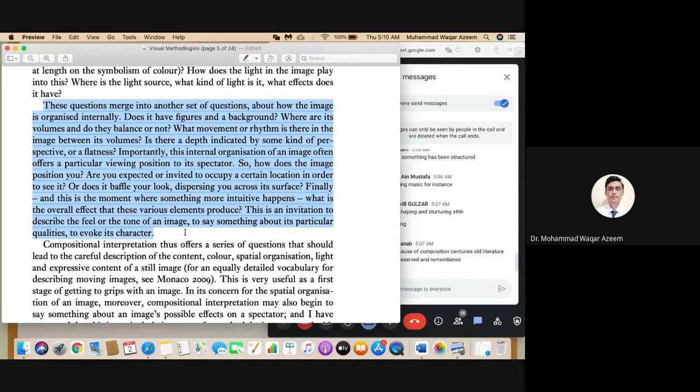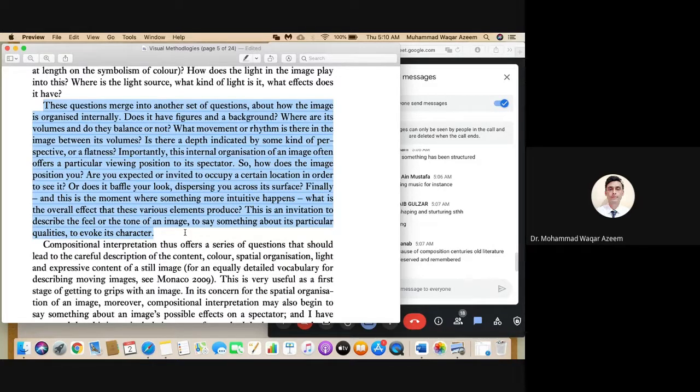Importantly, this internal organization of an image often offers a particular viewing position to its spectator. So how does the image position you? Are you expected or invited to occupy a certain location in order to see it? Or does it baffle your look, dispersing you across its surface?